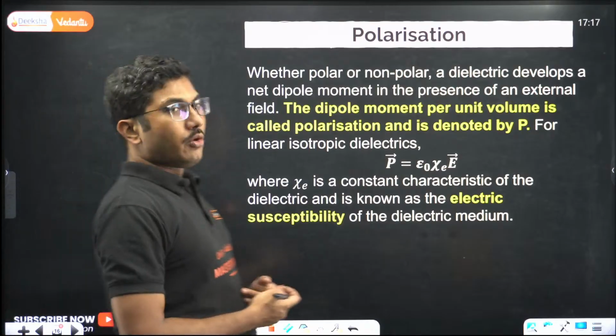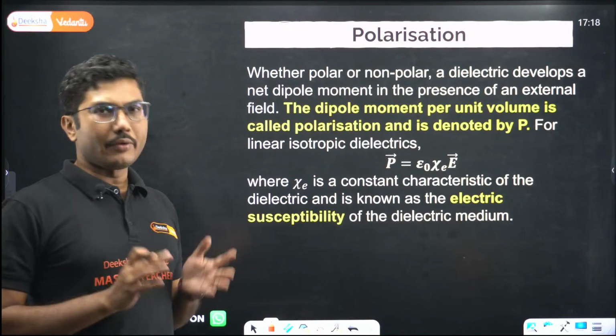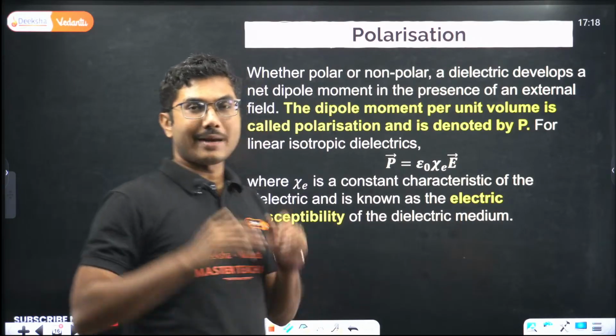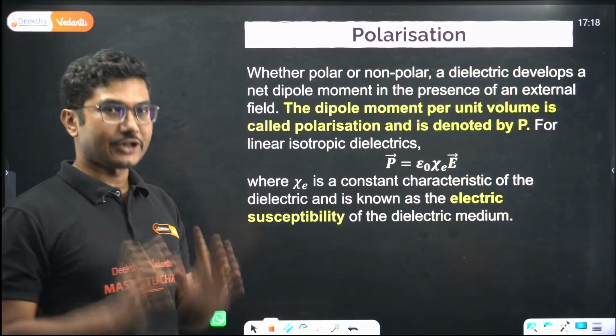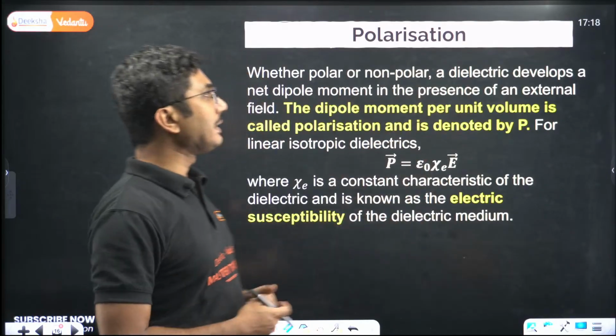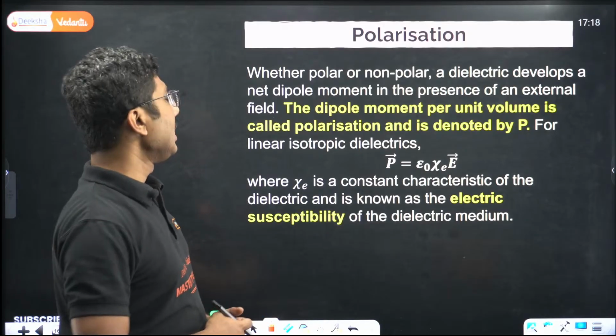Now when you apply an external electric field, the dipoles are either created or aligned. That process is called polarization. Whether polar or non-polar, a dielectric develops a net dipole moment in the presence of an external electric field.